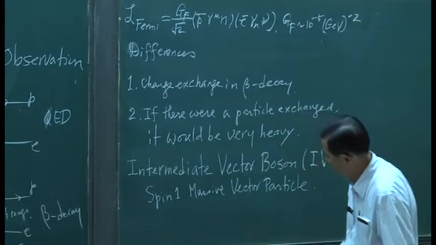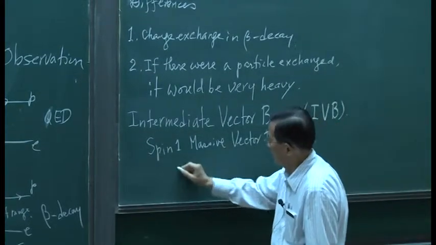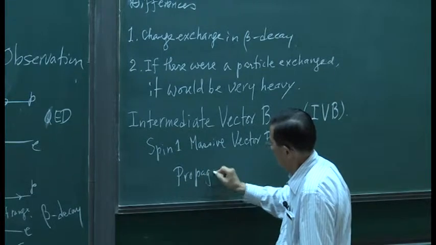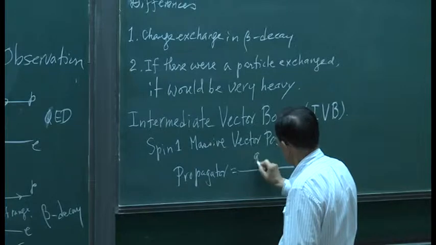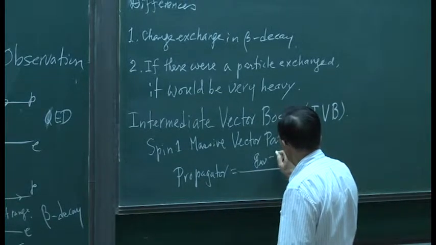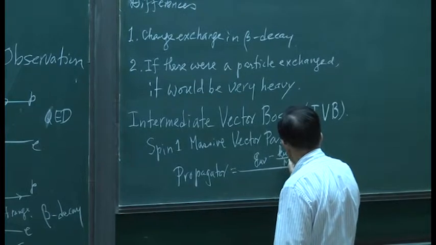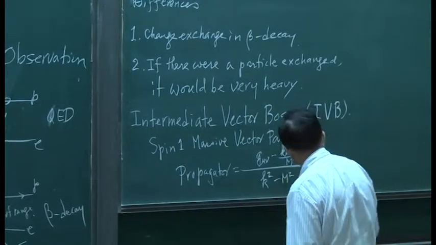And this particle will have the propagator g mu nu minus k mu k nu over m squared, over k squared minus m squared.